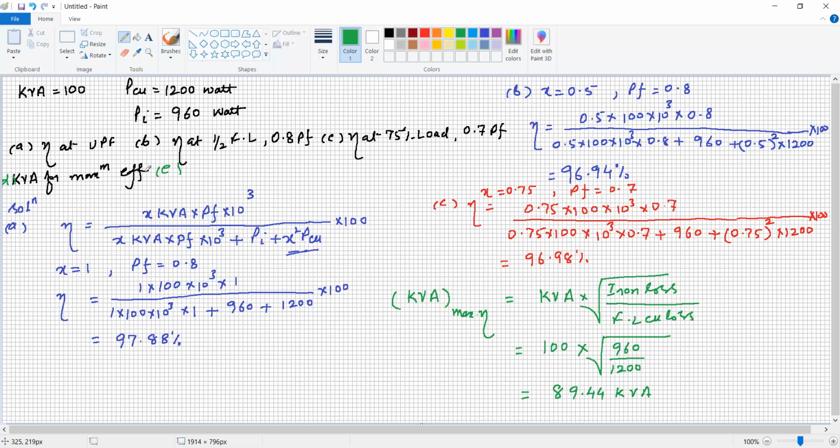Calculate the maximum efficiency at 0.85 power factor.